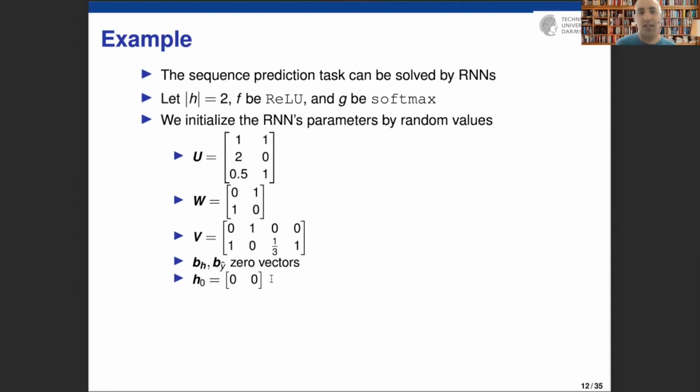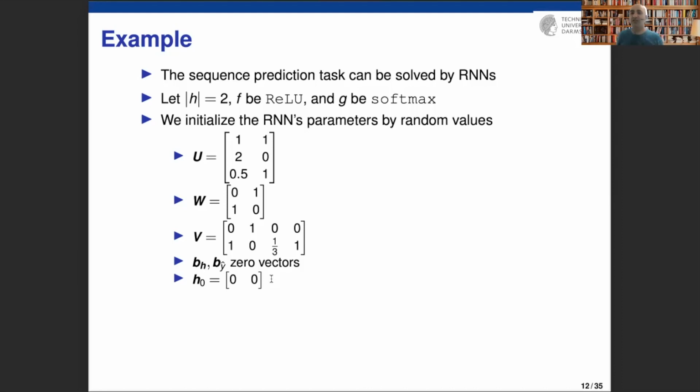Let's say we initialize our RNN's parameters with random values for U, W, and V, like this. For simplicity, we set the bias terms to zero vectors. Since an RNN is a recurrence model, we need some initial value for the hidden state, because for the first token we do not have any token representation or any value in the hidden state.